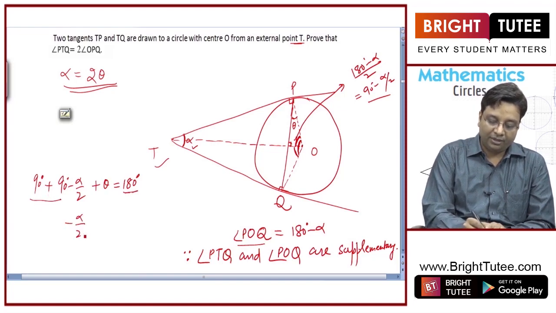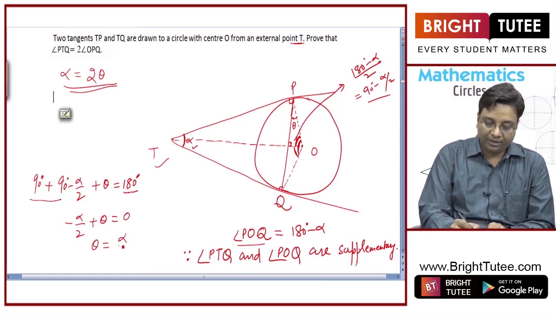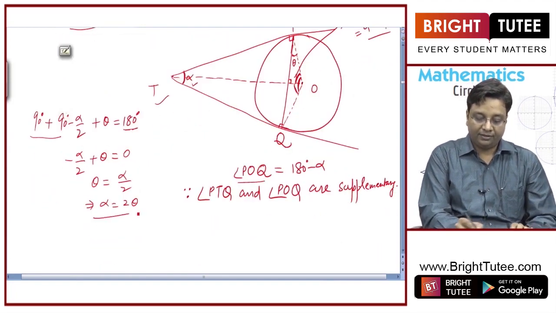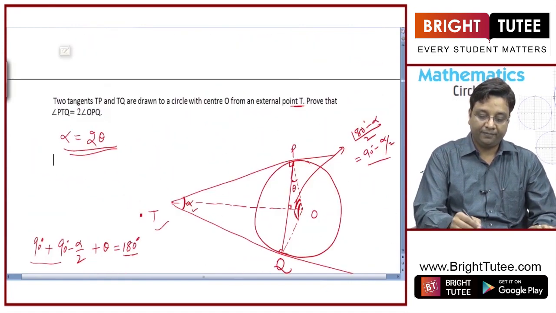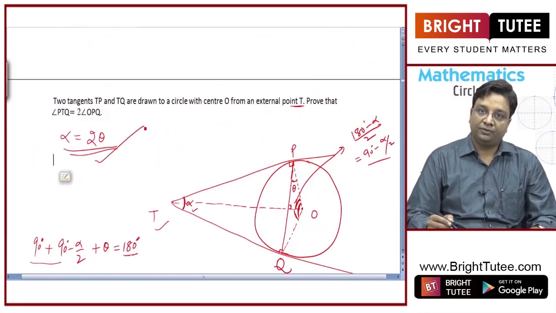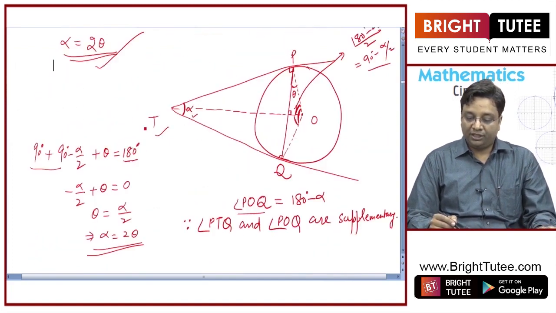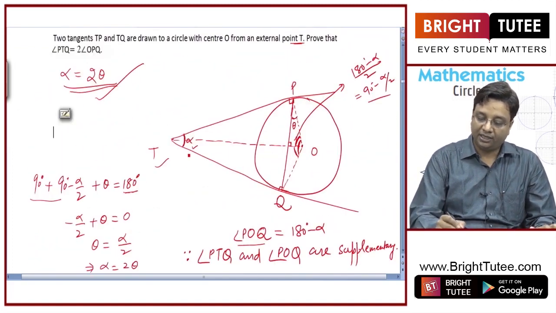So minus alpha by 2 plus theta is equal to 0. So theta is equal to alpha by 2, hence I can say alpha is equal to 2 theta, right? Which is my proof of this. So what are the results that we used here is, one, that these two angles are supplementary.